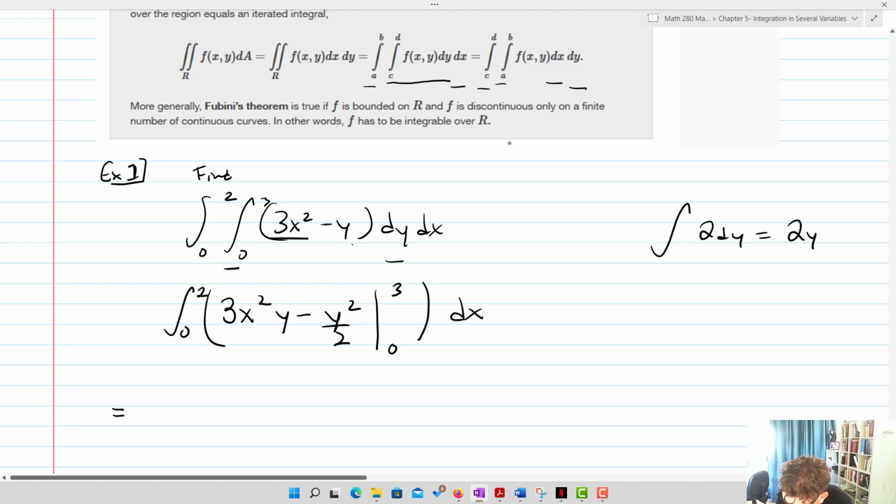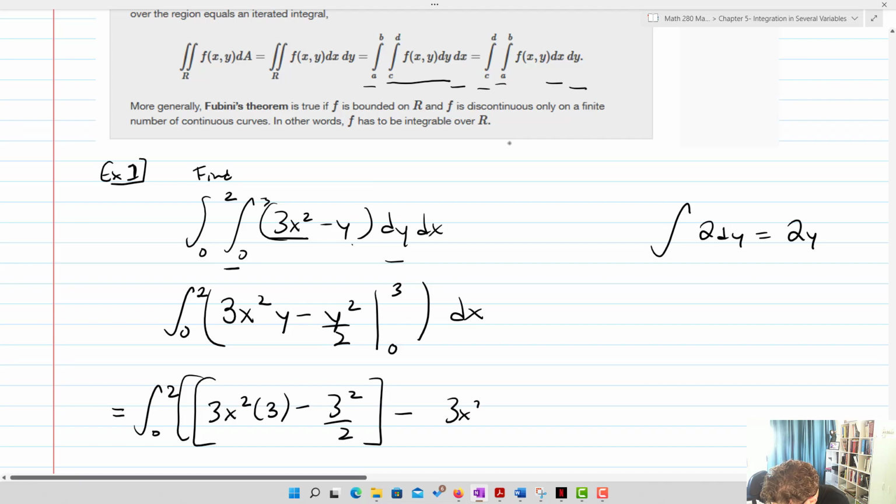So this is going to be equal to the integral from 0 to 2. And then this is going to be 3x squared times 3 minus 3 squared over 2, minus 3x squared times 0 minus 0 squared over 2.